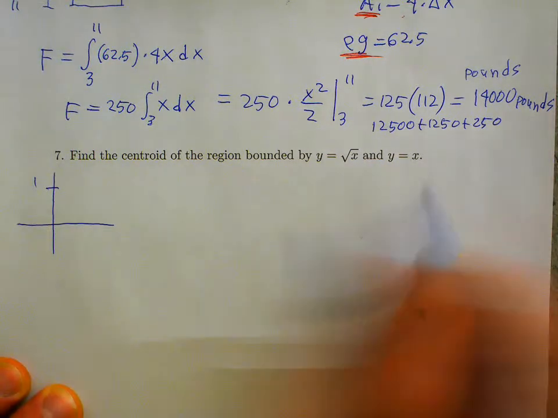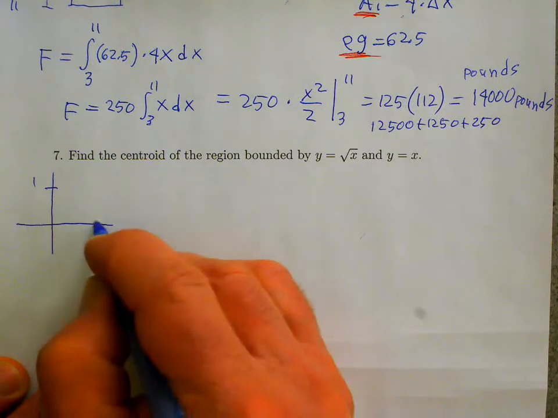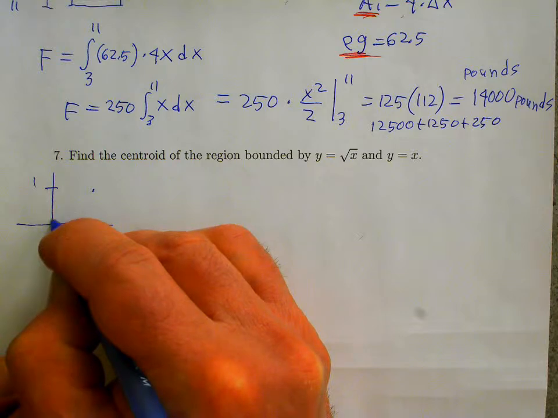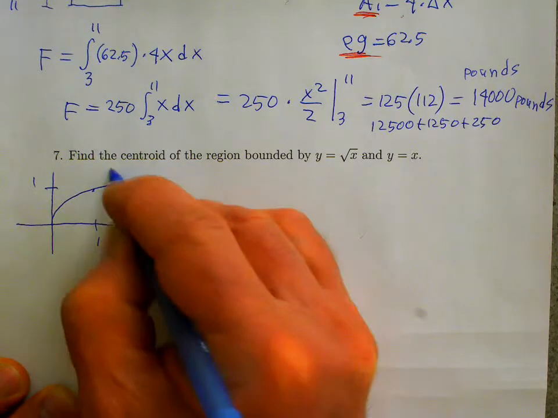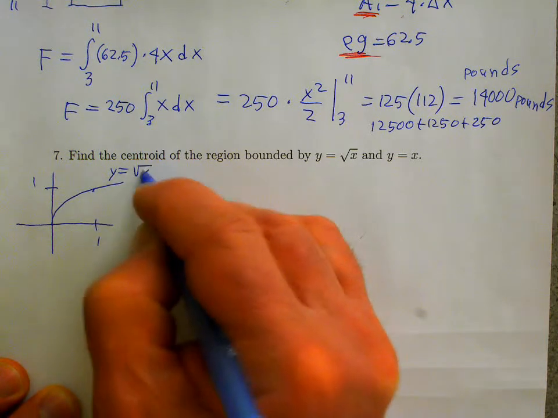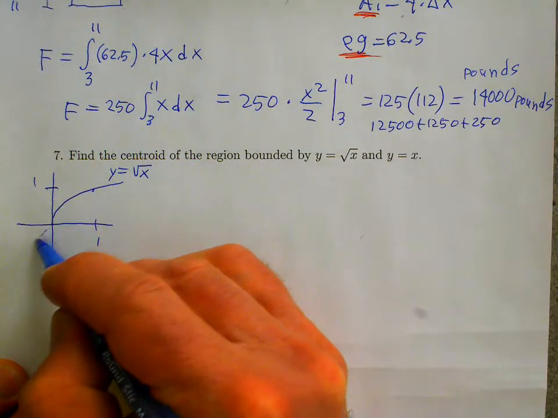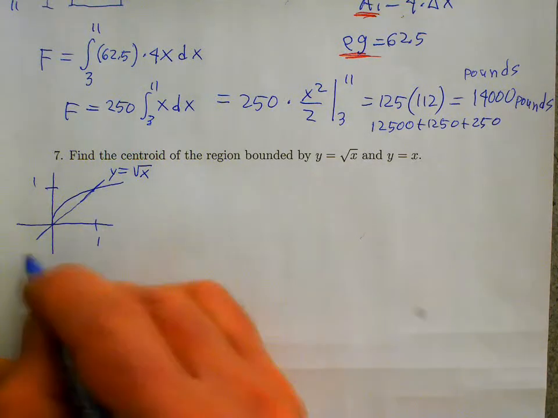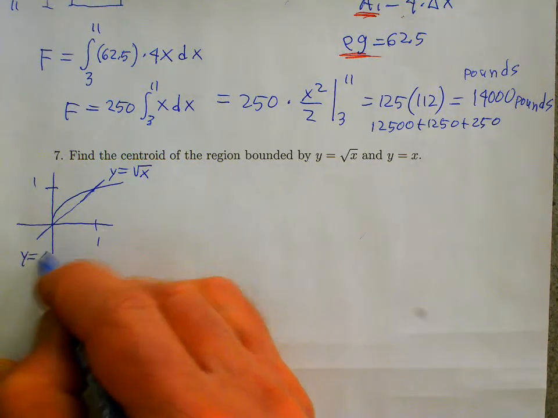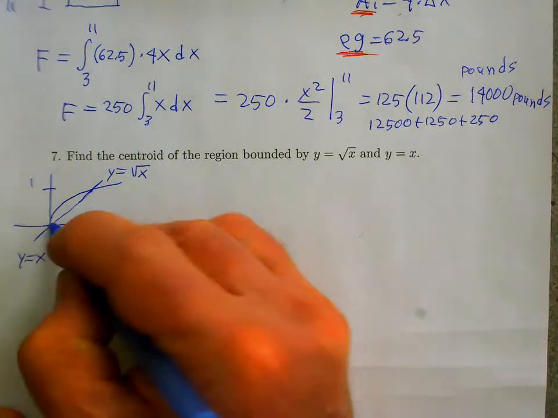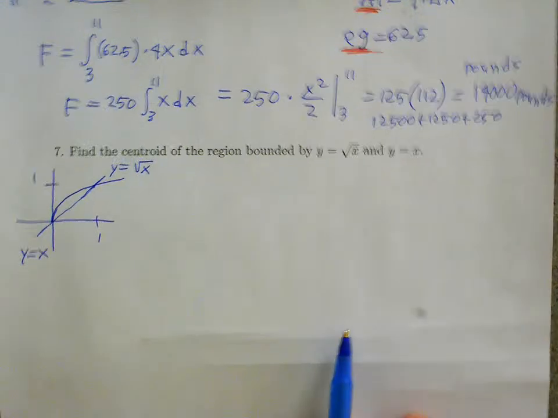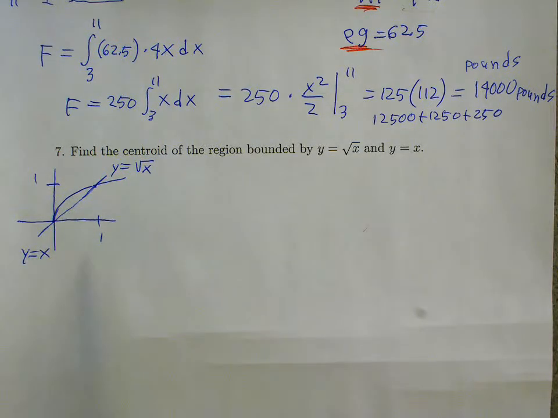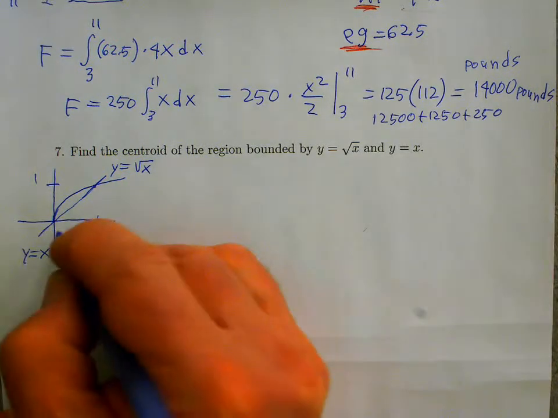The graphs of those intersect at (0, 0) and (1, 1). So y equals the square root of x looks something like that, and y equals x looks something like this, and we want to find the centroid in the region bounded by those two curves between 0 and 1.